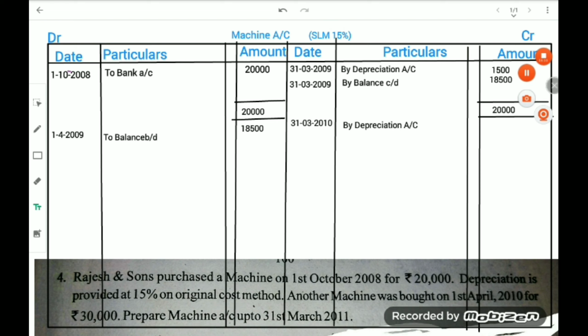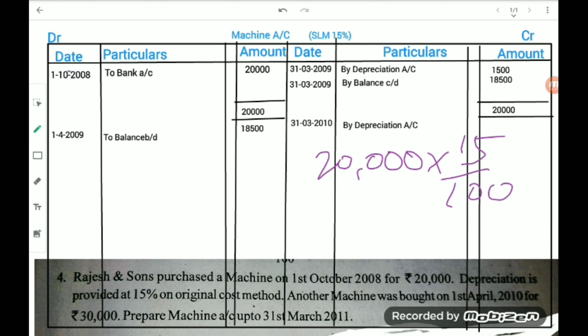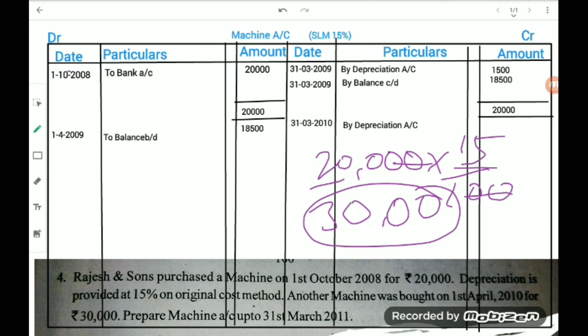As it is the original cost method, straight line method or fixed installment method, depreciation is calculated on the original cost of the asset only, that is 20,000 into the rate of depreciation, 15%. 2 zeros cancel, 15 twos are 30, and these two zeros, so depreciation for the full year we got 3,000.